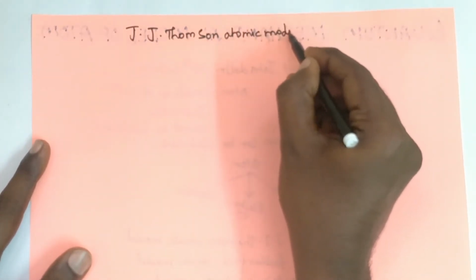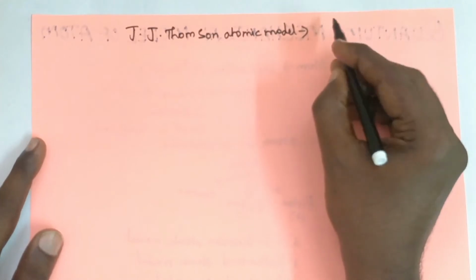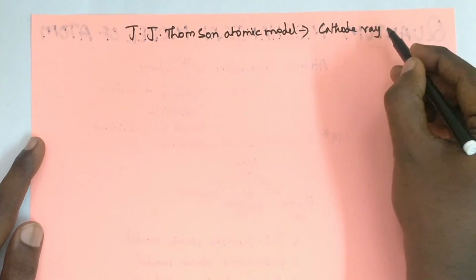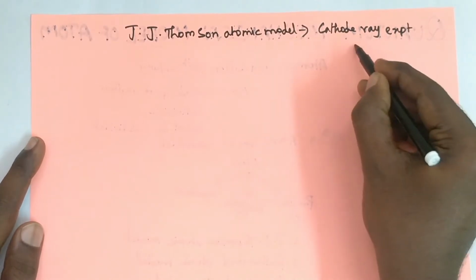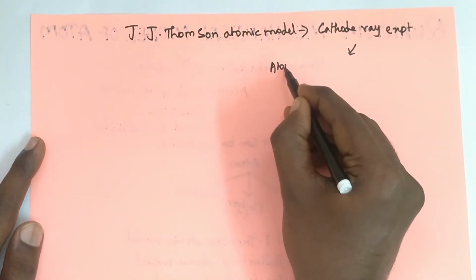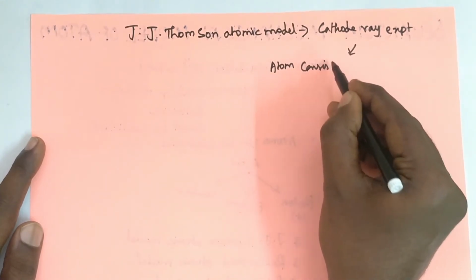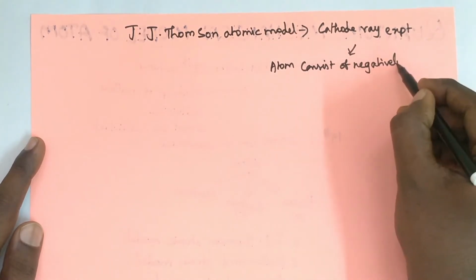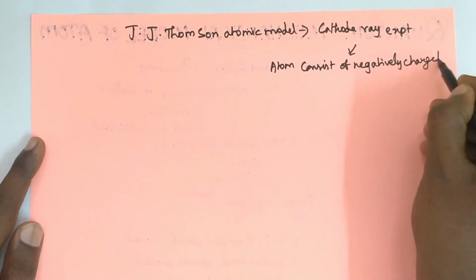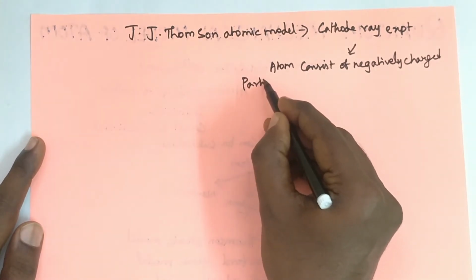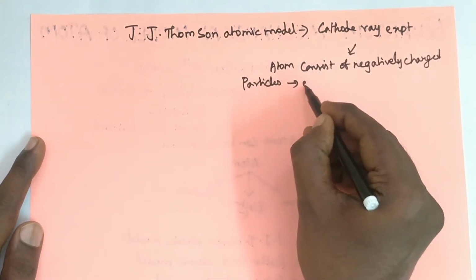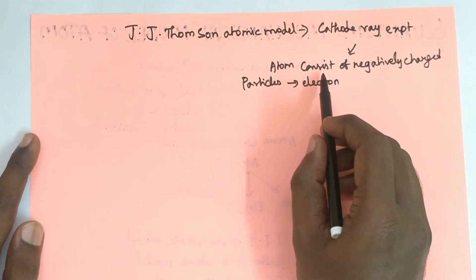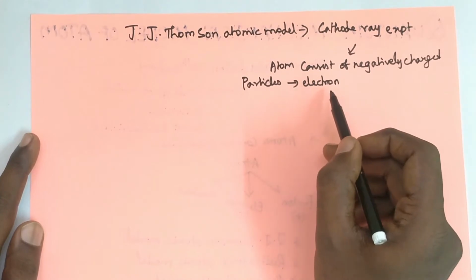He conducted an experiment, the cathode ray experiment. In this experiment, he showed that the atom consists of negatively charged particles called electrons.